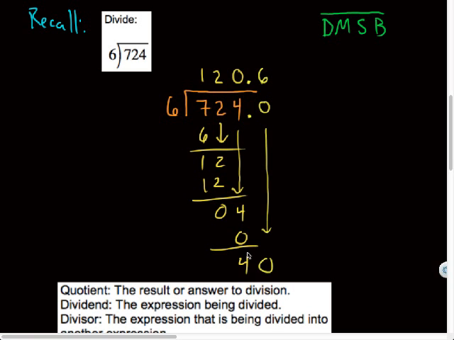And then I could multiply and I'd get 36. And then I'd get another 4 and I'd do it again. I would end up actually getting lots and lots of 6s here. So decimally speaking, it's 120.6 is the answer. I could call this 120 with a remainder of 4 if I wanted. You realize that 6 goes into 72 12 times.